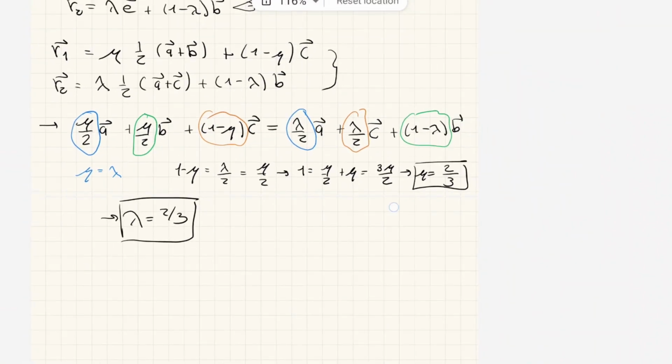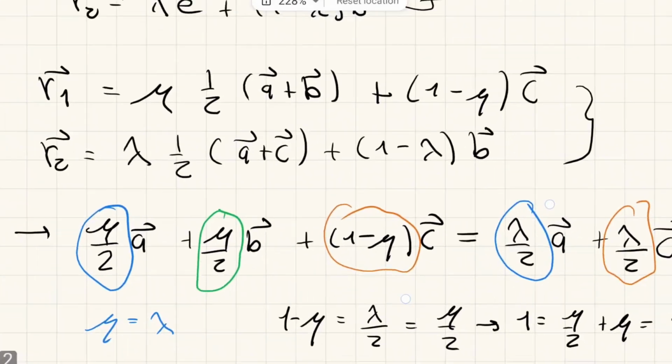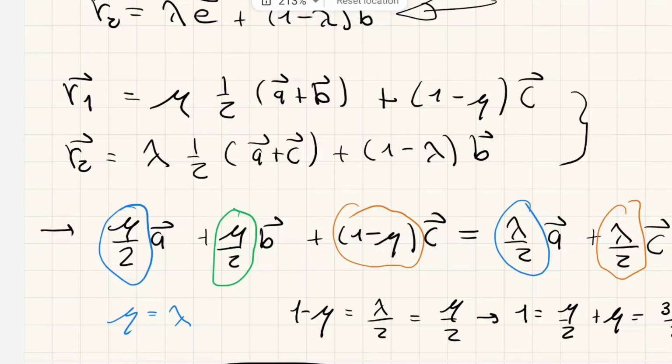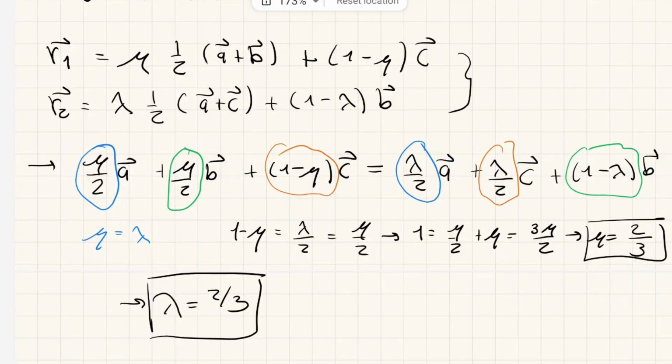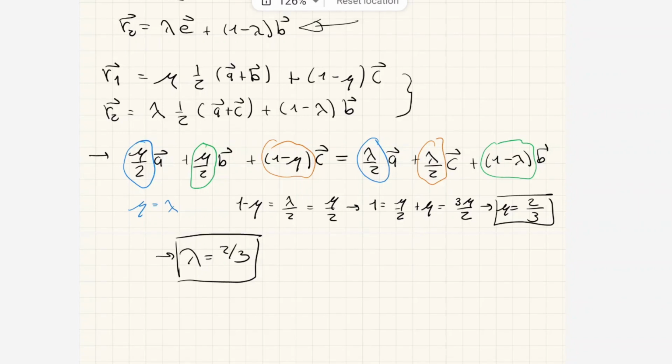Okay, so going back to R1 or R2, remember that these are the vectors that, when they are equal, locate the centroid of the triangle, right? So in this case, for these values of mu and lambda, it doesn't matter what vector we take. Both of them will match with the centroid of the triangle.